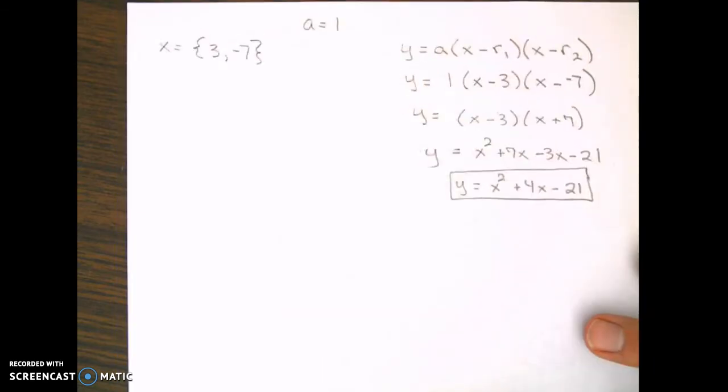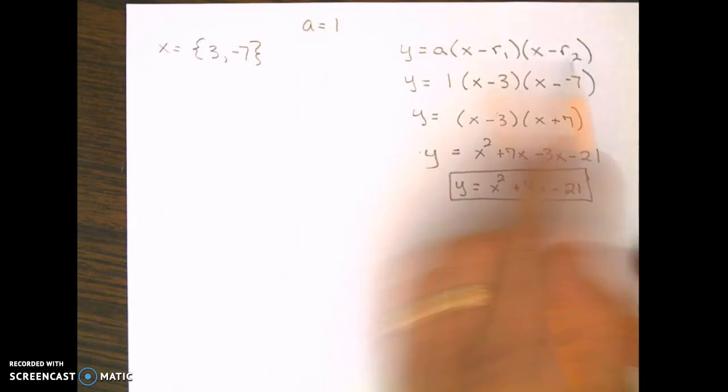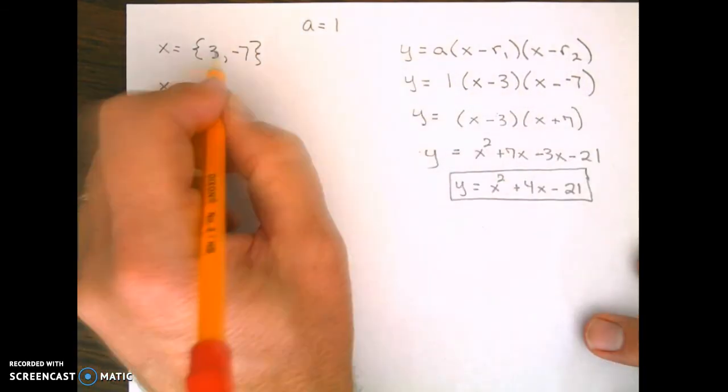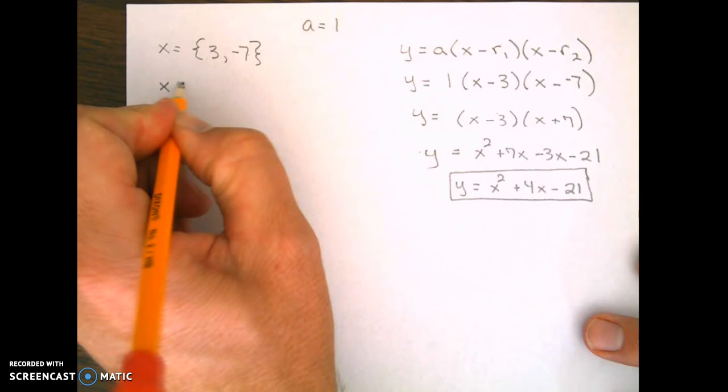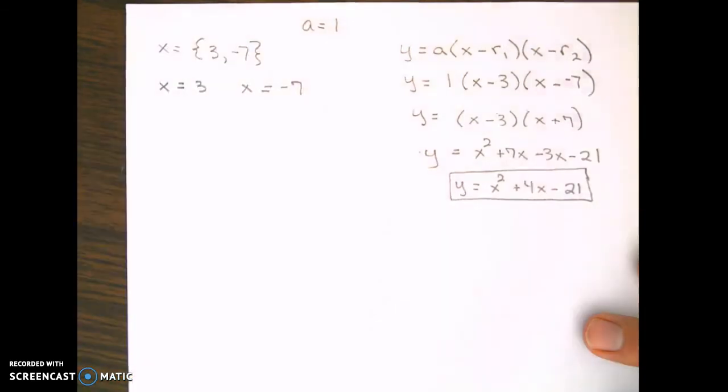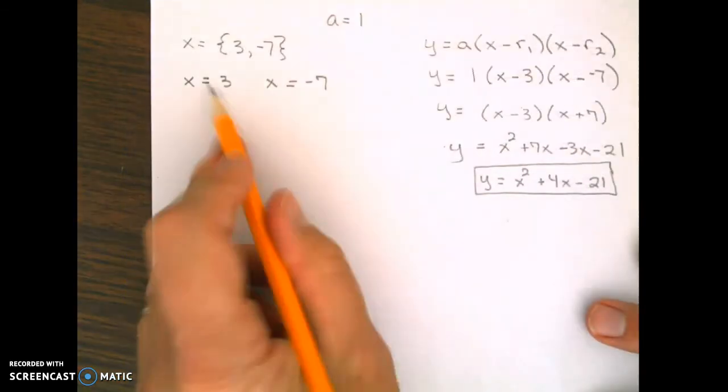Another way to do this, if you forget the factored form, you could write each solution another way. And then we could set each of these equal to 0.